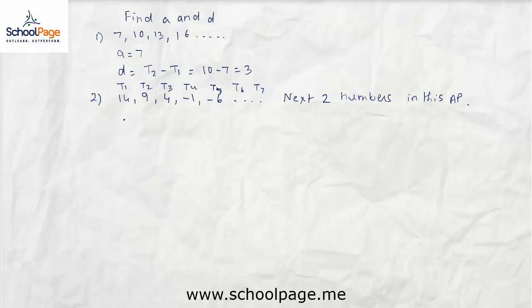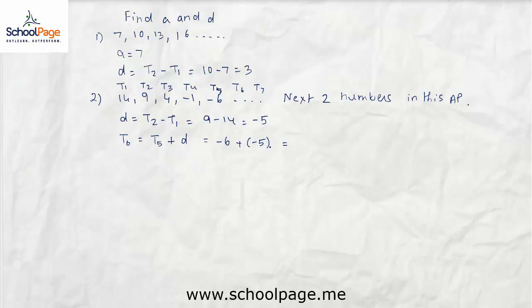Now let us first find D, which is T2 minus T1, which is equal to 9 minus 14, which is -5. To find T6, we can see the preceding term, which is T5, add the difference D and we should get our T6. So T5 is -6 and D is plus -5.